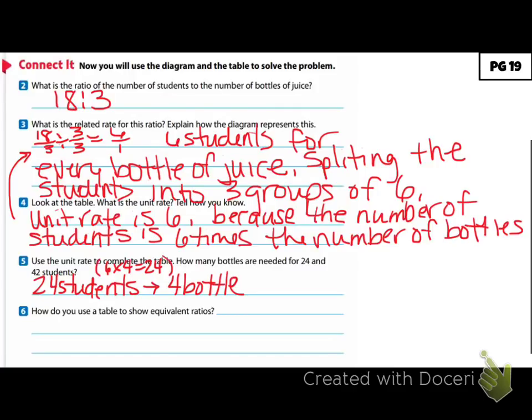And then for 42 students, we needed 7 bottles because we multiplied 6 by 7 to get the 42.